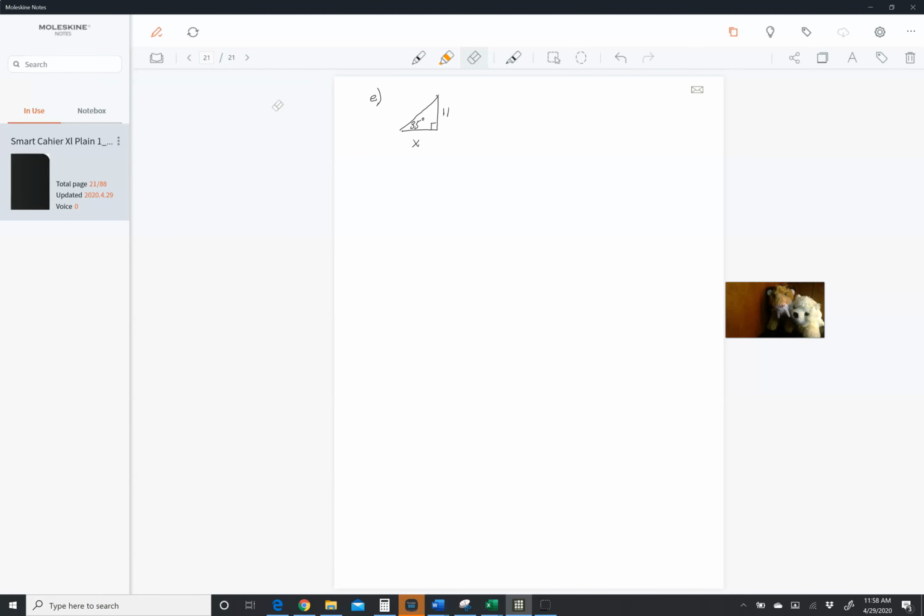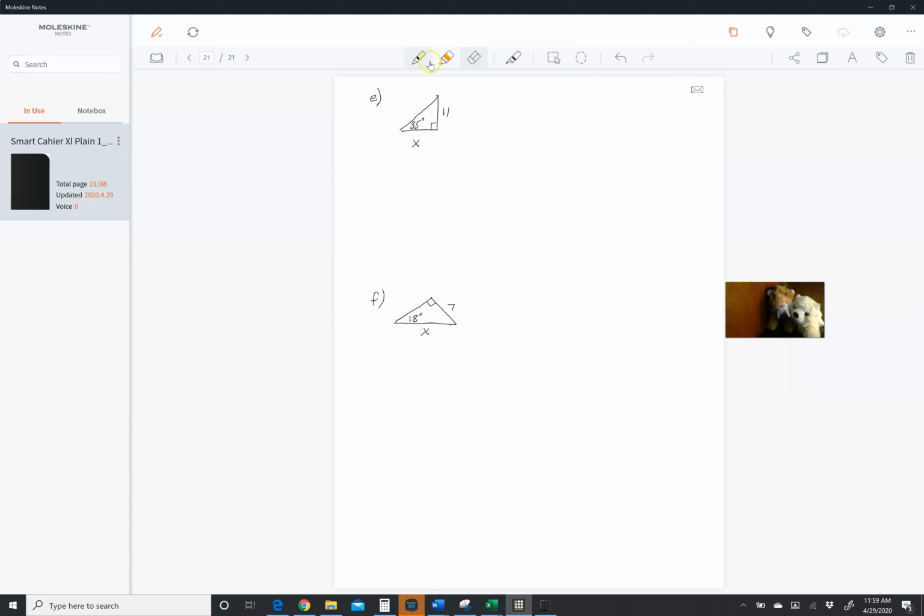And then I'll put in the other one as well so that you can do both at the same time. Let's say that this is 18 degrees and this is 7 and this is x.